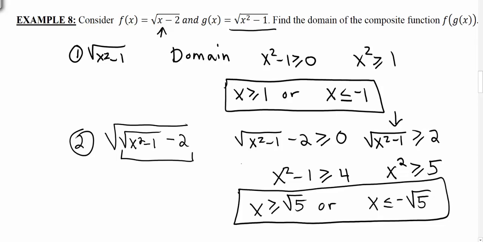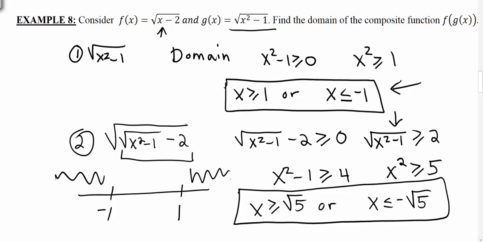Now, when I talk about the number line, sometimes it's a good idea to graph it out on a number line if you're not sure where things fall on the number line. So for example, if I take my original domain, that says that x has to be less than negative 1 or greater than 1.